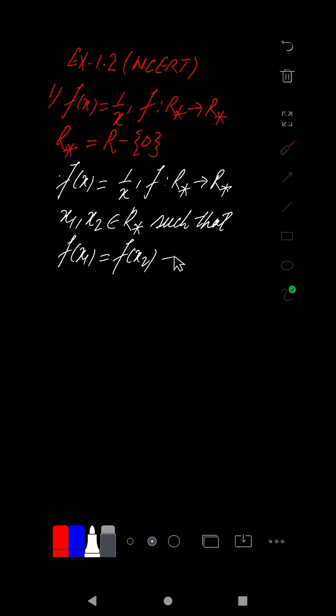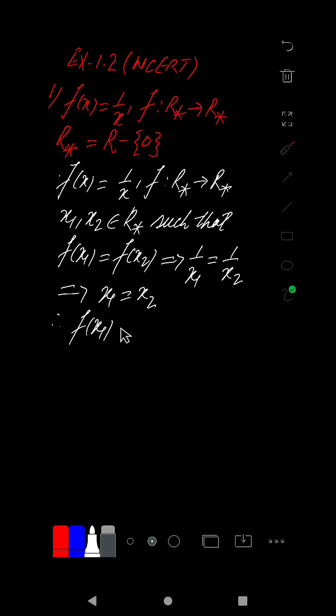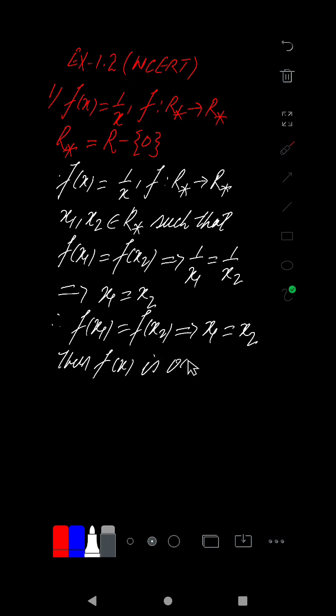So it implies that 1 upon x1 is equal to 1 upon x2. Taking reciprocal of both sides, we get x1 is equal to x2. So f(x1) is equal to f(x2) implies that x1 is equal to x2. That is, each and every element of domain has a distinct image in codomain, which is the criteria of one-one function. Thus, f is one-one function.